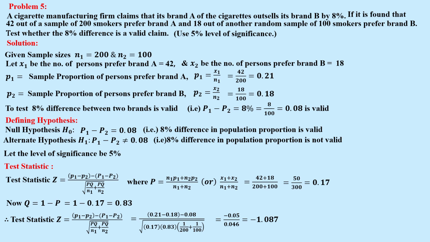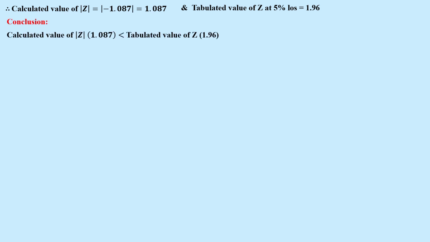So you will get minus 1.087. The calculated value is the modulus value, that is 1.087. We know the tabulated value at 5% level is 1.96. So conclusion: tabulated is greater than calculated, that is, calculated is less than tabulated, therefore H0 is accepted. So the 8% difference in population proportion is valid, right?